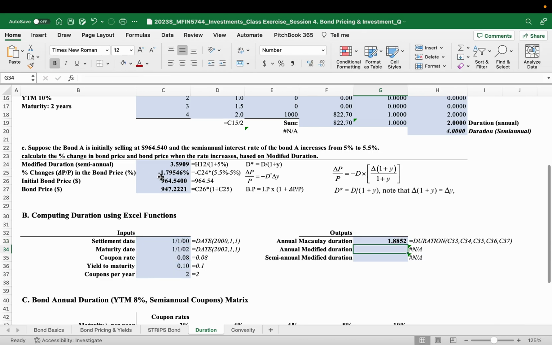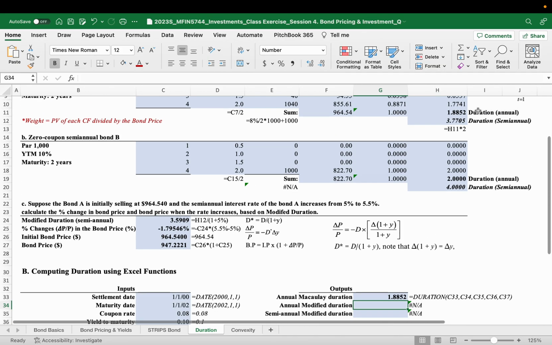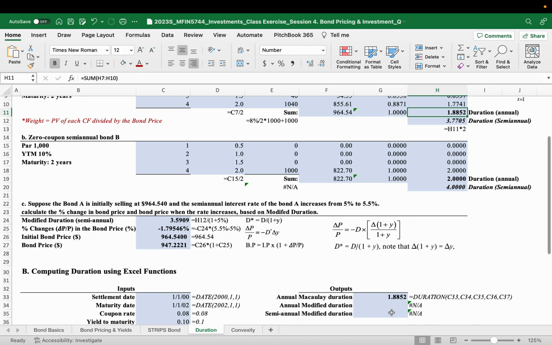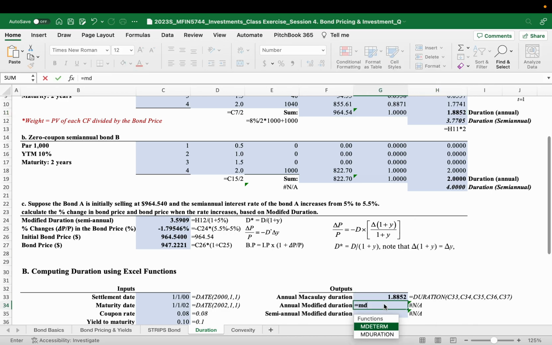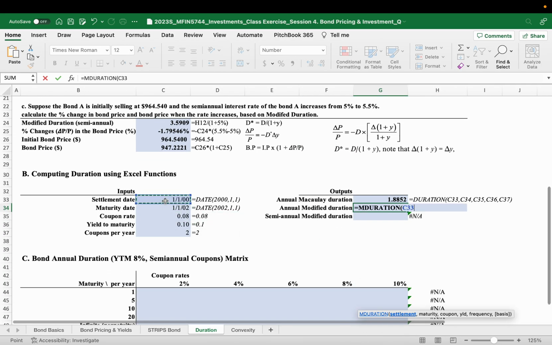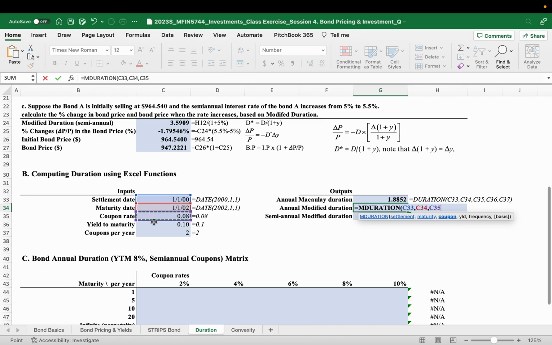And we got this annual Macaulay duration here, exactly the same, right? You can also directly calculate the modified duration here, right? Modified duration, exactly the same order with this input.